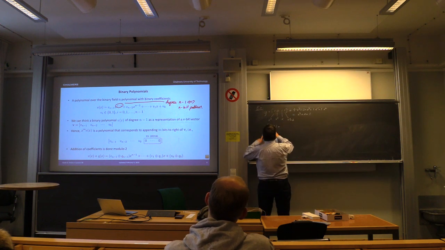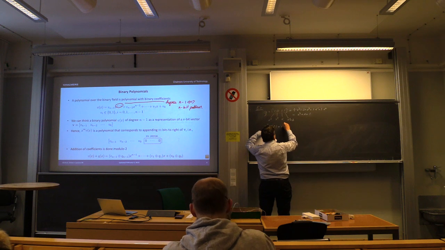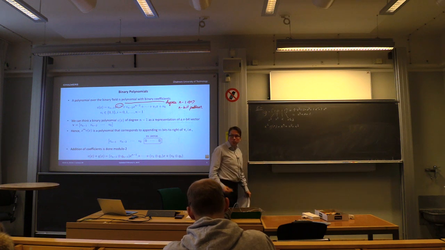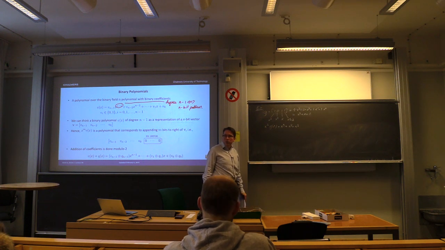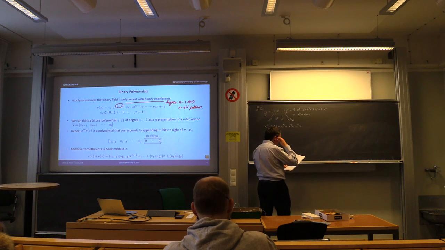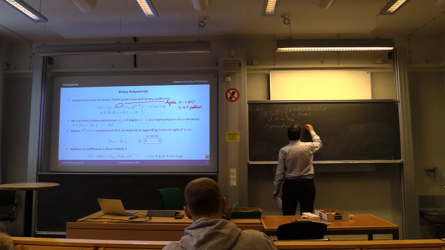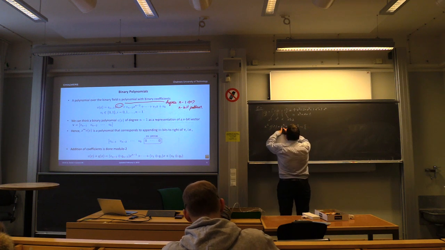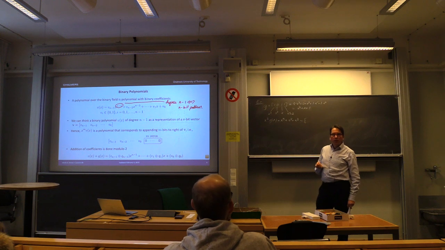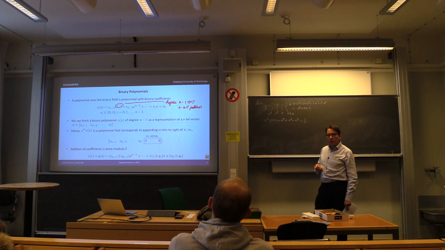This will be x5 plus x3 plus x2, right? I just multiplied x2 with g. This corresponds to a bit pattern of a 5th degree polynomial. So how many bits can we represent with degree 5? 6 bits. Okay, so we need 6 bits here.